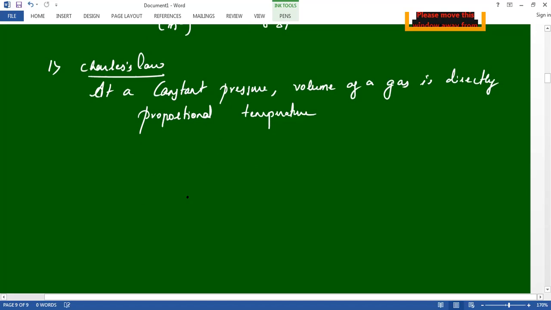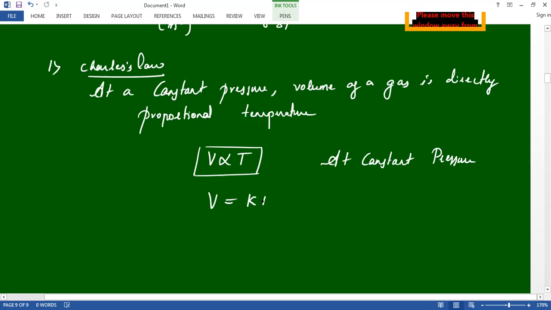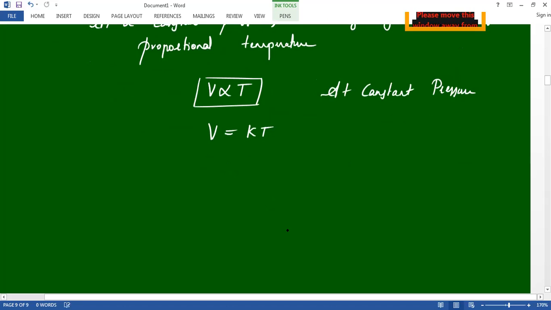We'll write it in equation form: volume is directly proportional to temperature, at constant pressure. If you remove the proportionality, it will be V is equal to KT, where you get a constant.